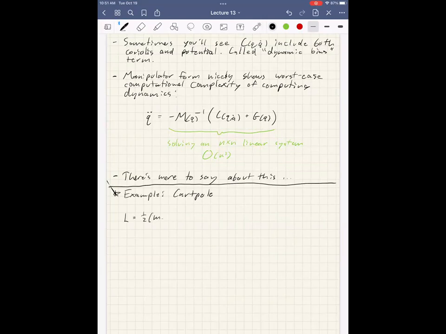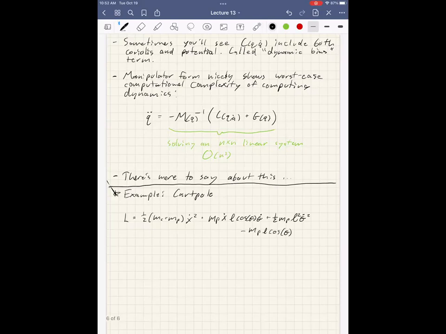I'm going to write it down again real quick so we've got it handy. That's the kinetic stuff and then the potential stuff here.